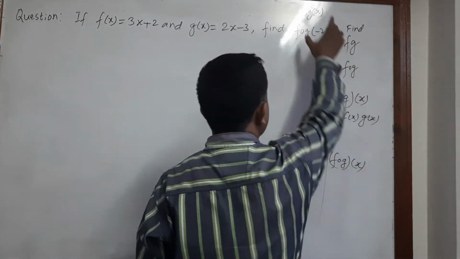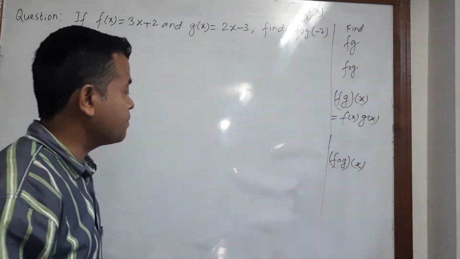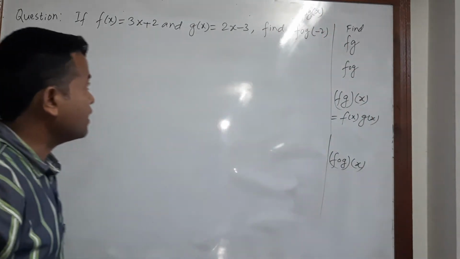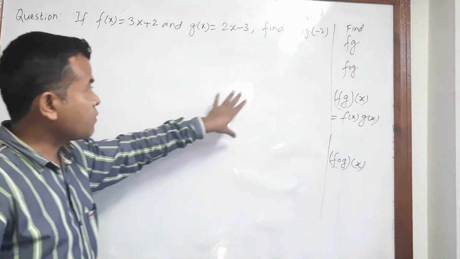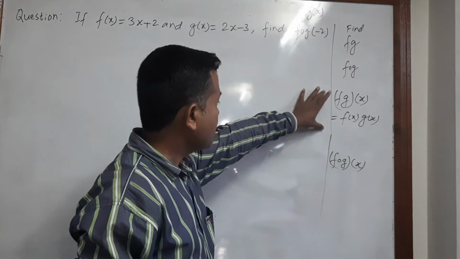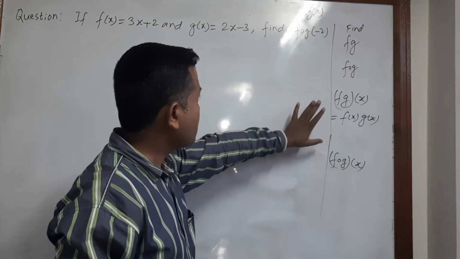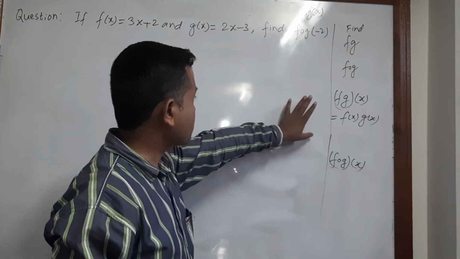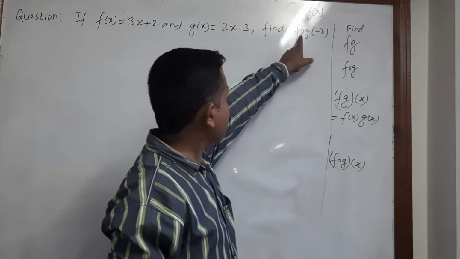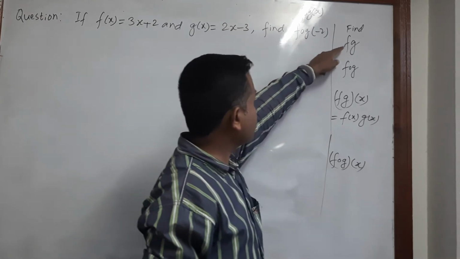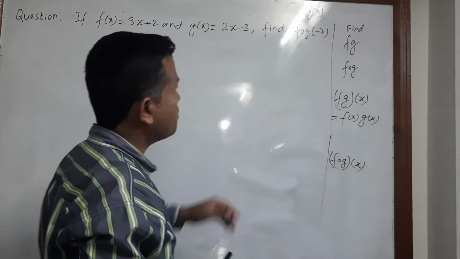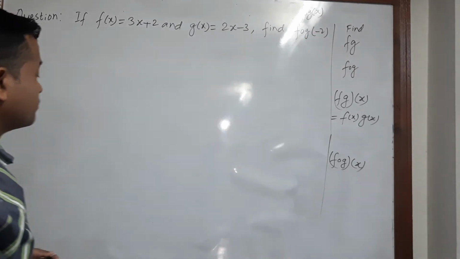I hope your confusion is clear, where you have to find the product and where the composite function. For the composite function, this f of g should be given, but even if not given this way, we should understand that it is the composite function.